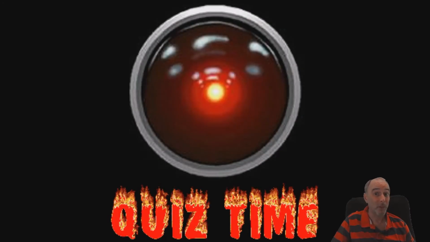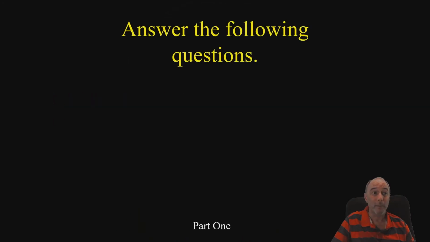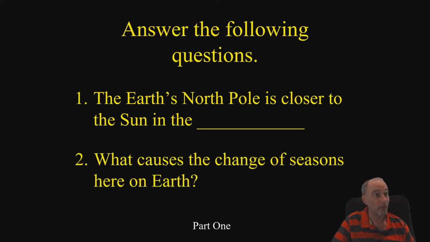It is quiz time. Here's what I want you to do. Looking on the other side of your note sheets, you have a little quiz to take. And the first thing I want you to do is answer the following questions. And these are written on your sheet. I want you to tell me the Earth's North Pole is closer to the sun in what part of the year? What season?